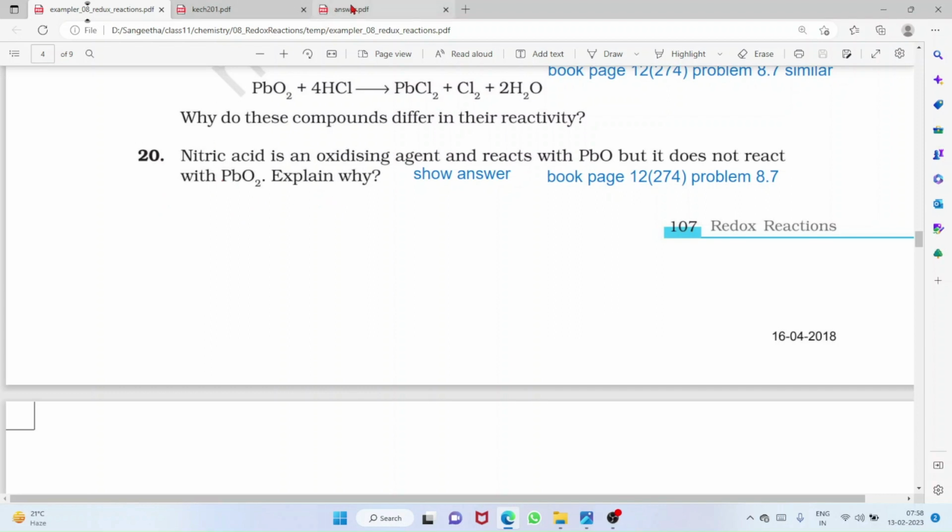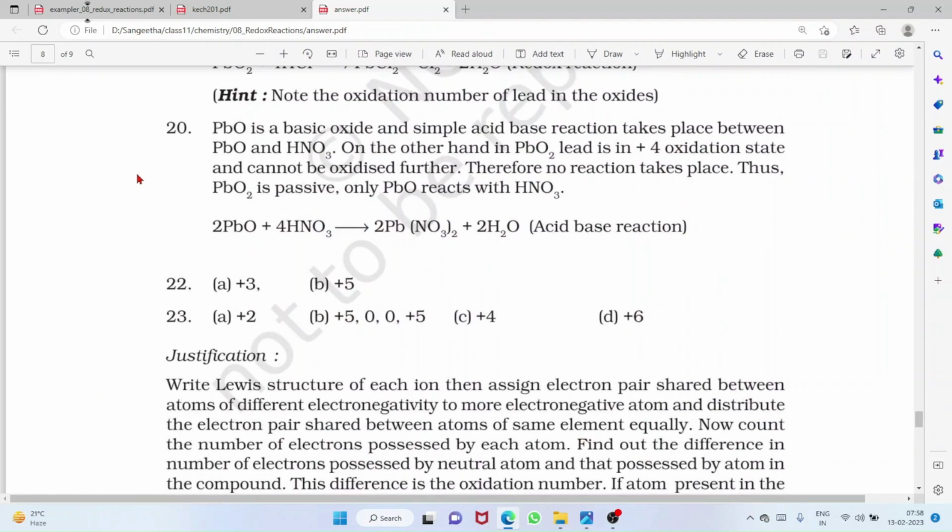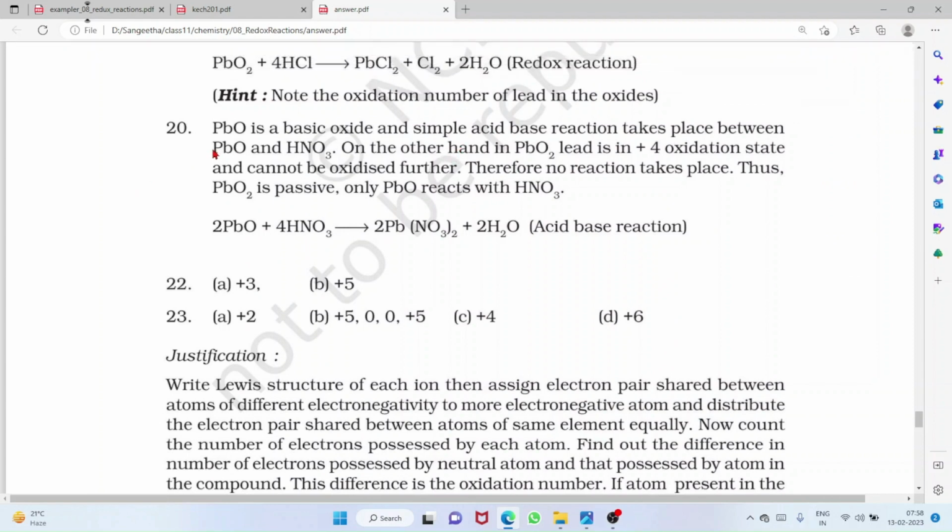20. PbO is a base oxide and a simple acid-base reaction takes place between PbO and HNO3. On the other hand, in PbO2, lead is in the plus 4 state. Here also this oxidation number will come into the picture. It cannot be oxidized further. So that is in the highest oxidation state.